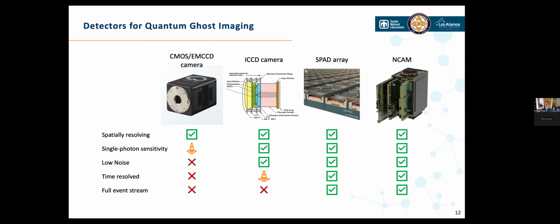And remember, I said ghost imaging is this correlation. We need to be able to detect two photons simultaneously, and this simultaneously is on the order of nanoseconds or sub-nanosecond latency. So a millisecond integration time does not allow us to do these kinds of correlations. ICCD cameras, which is actually how ghost imaging got started, are intensified cameras that are only really active for moments at a time.